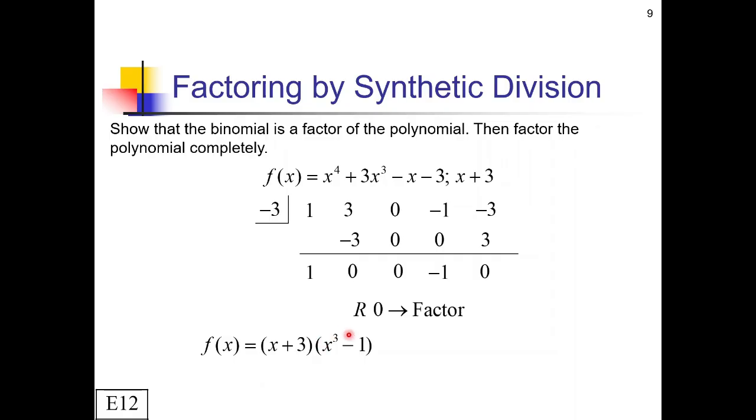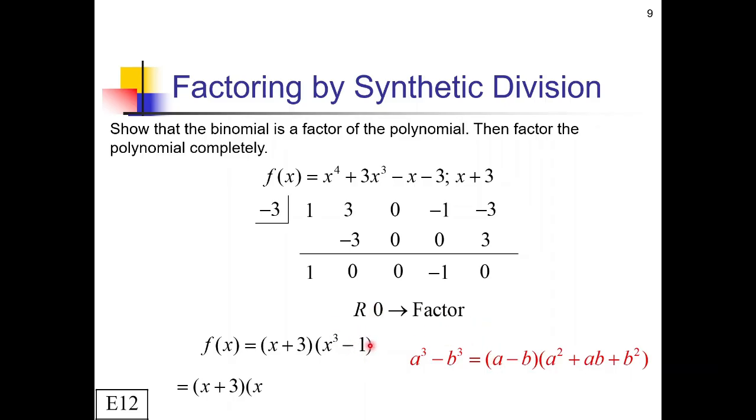Well, this is a difference of cubes. We have a shortcut formula for that we learned earlier on in this lesson. That was this one right here, a minus b, a squared plus ab plus b squared. So let's bring down the x plus 3 that we already had, and now breaking up this x cubed minus 1, cube root of x cubed gives us the a value of 1 for that first parentheses.